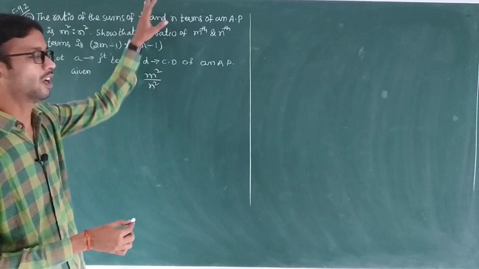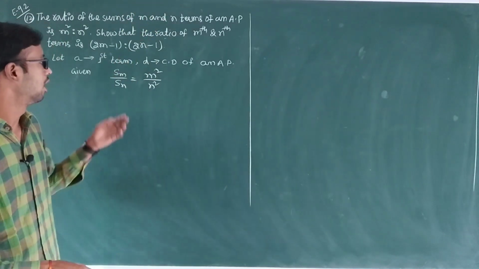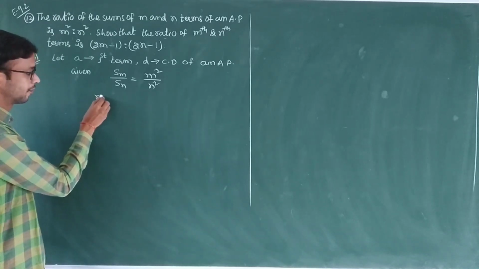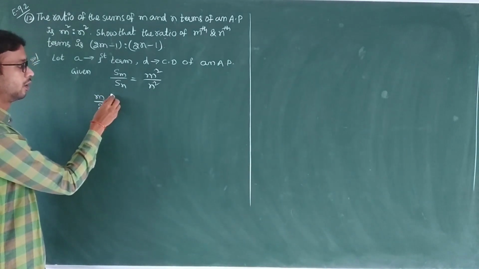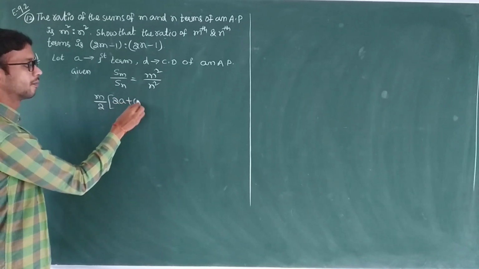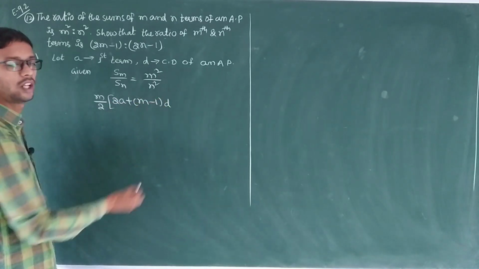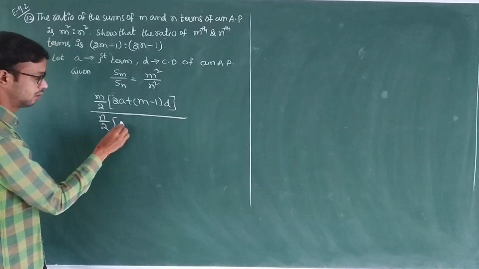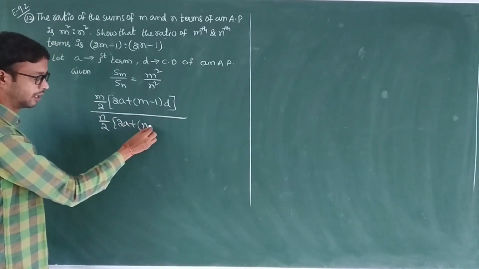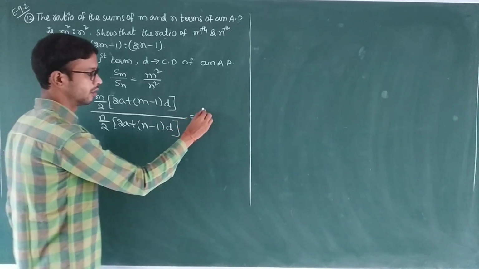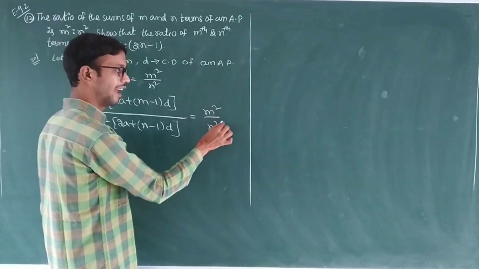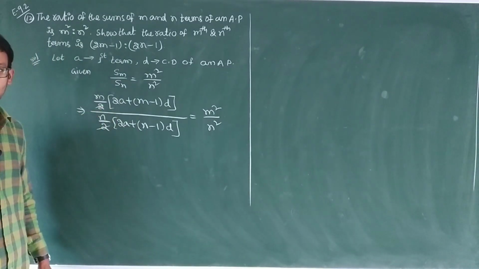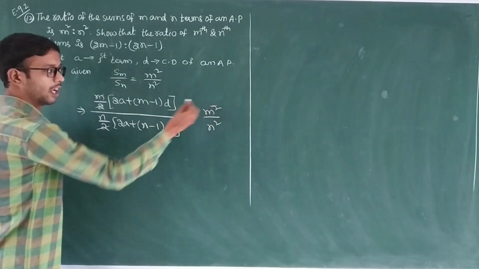We convert these words into an equation. What is the Sm formula? Sm formula is m by 2 into 2a plus m minus 1 into d, divided by n by 2 into 2a plus n minus 1 into d, is equal to m square by n square. Just formula substitution. 2 gets cancelled here, 1 n cancels.